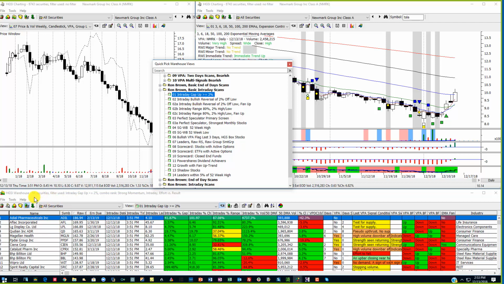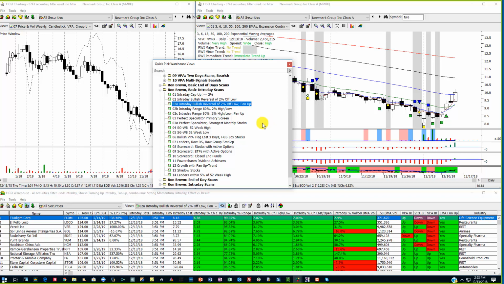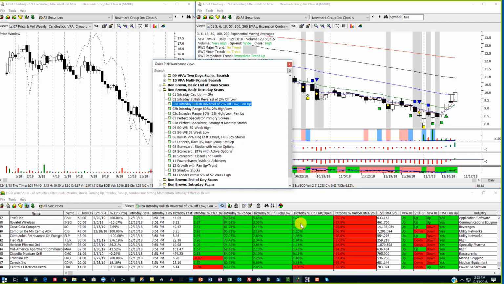64 gapped up today. This is an intraday bullish reversal of 2% off of the low of the day. And you can see that there were 249 stocks that moved up 2% off their daily lows. And if you want to find the ones that have a fan up, there's 48 that moved up 2% from the lows.